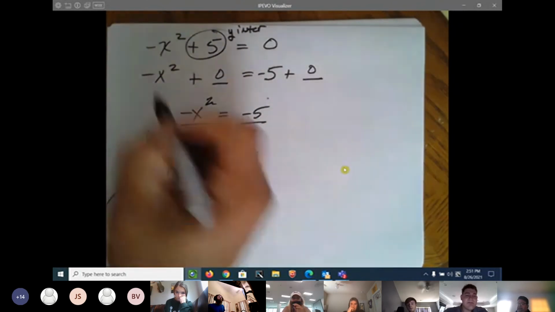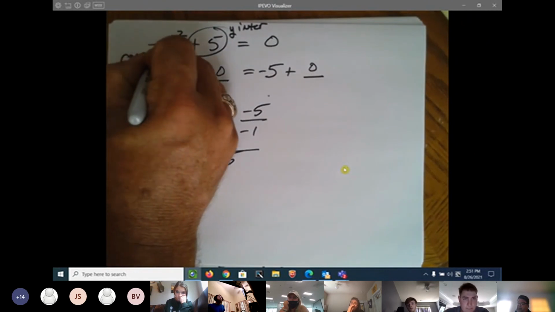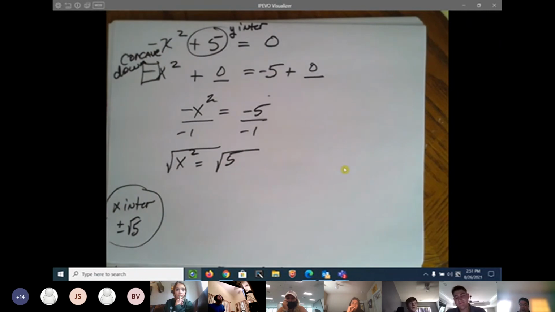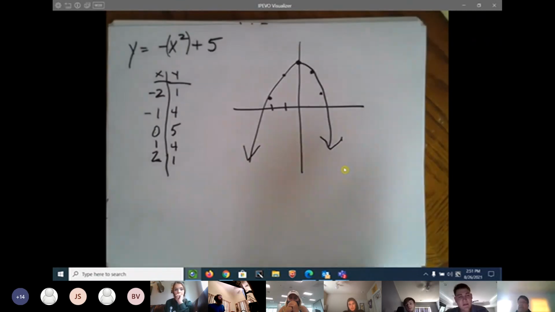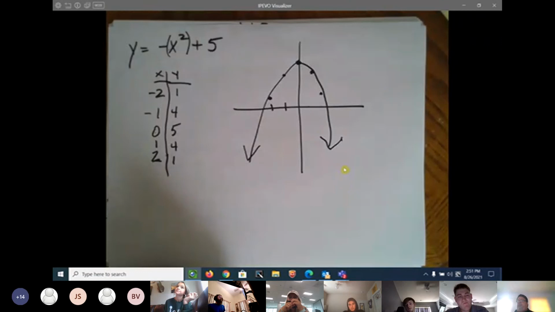And the negative says it's opening concave down. So either you do completing the square or you do plotting points. And if you don't forget the negative like Hubert did, you will get a concave down parabola.